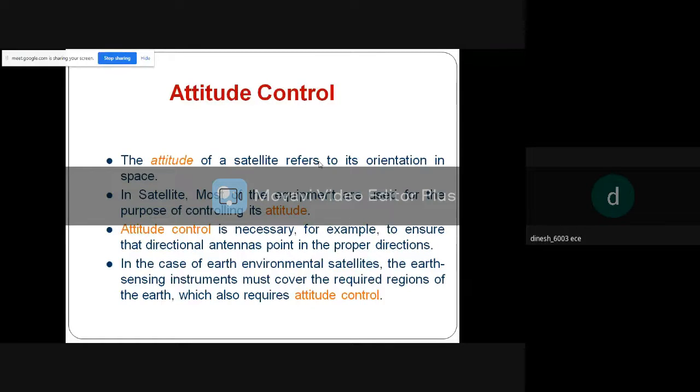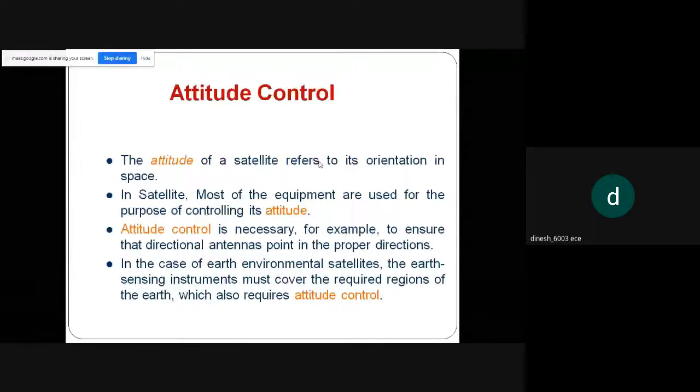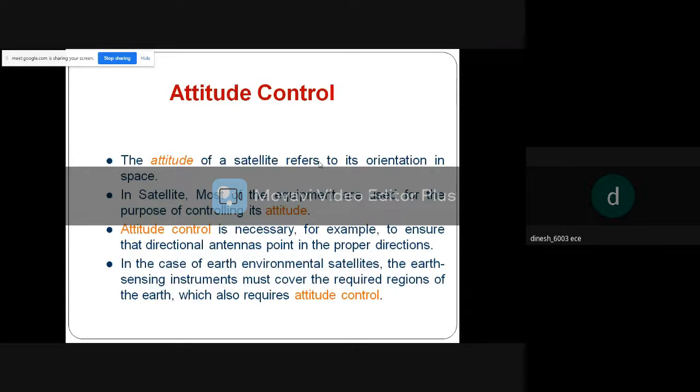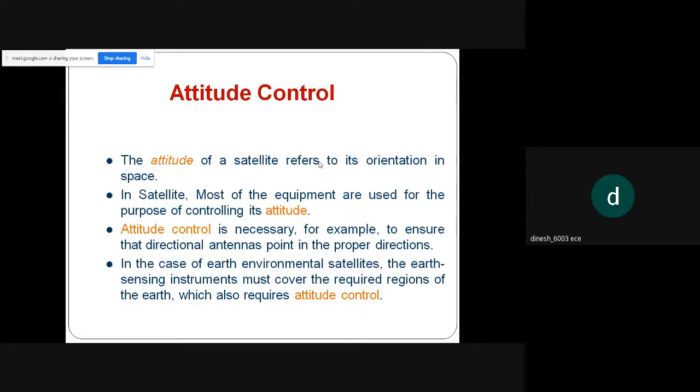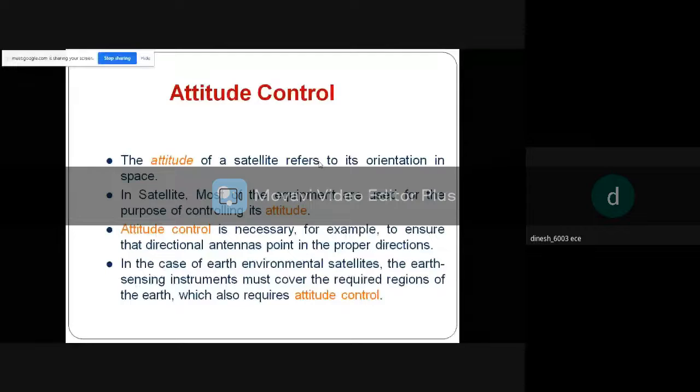For example, in the case of Earth environmental satellites, which are concentrating on capturing images of the Earth, the Earth sensing instruments will cover the required regions of the Earth, just like you see in Google Maps with a satellite view image. For example, you want to see how peninsular India is present. Wherever you have green color structures, it shows that you have good vegetation.